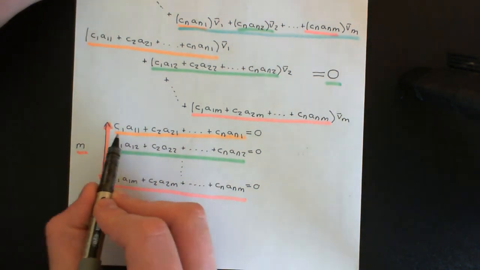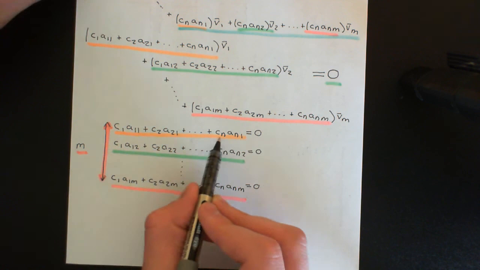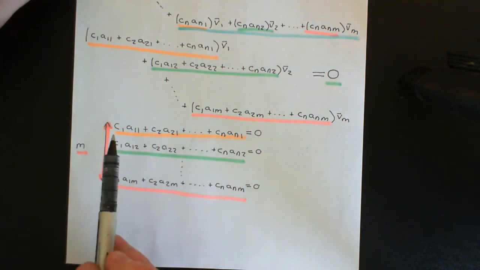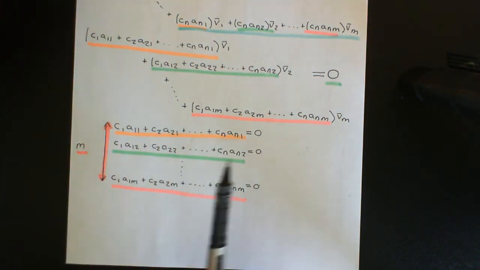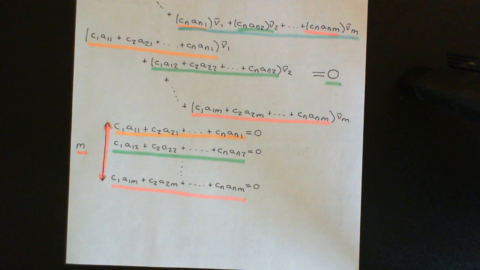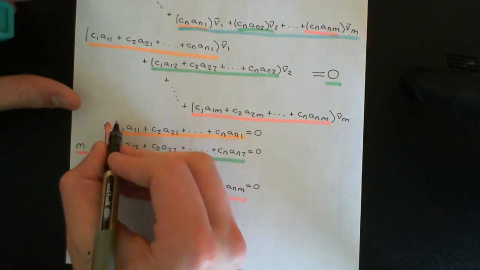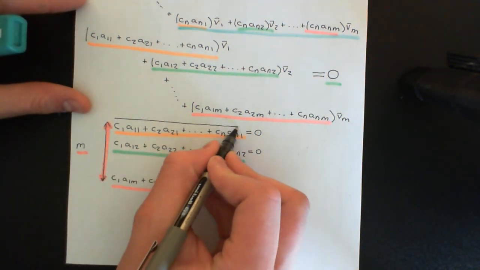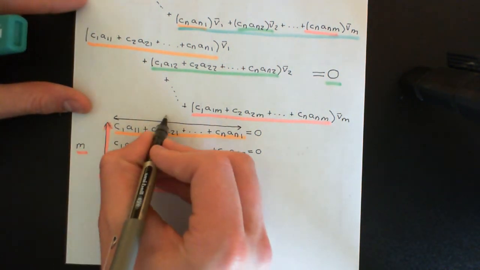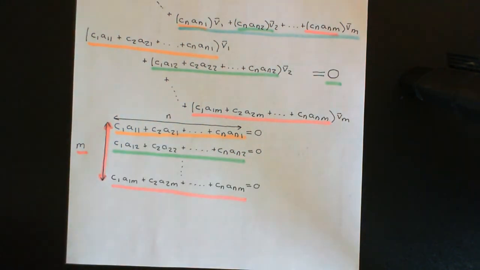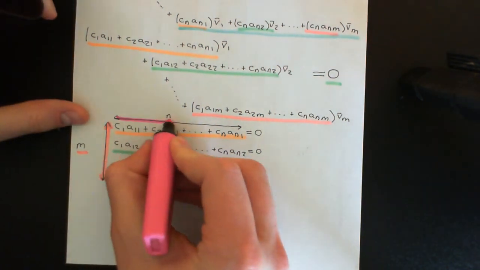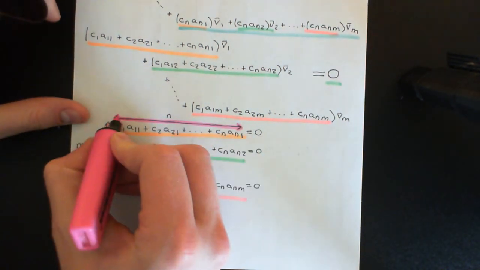Well, they are the c's. The c's are the variables here. c1, c2, all the way up to cn. Those are the variables. The a's are fixed, remember. They are just fixed elements of the field. Now how many variables do I have? Well, I have n of those. Okay, so I'll colour this in purple here. So we have n variables.